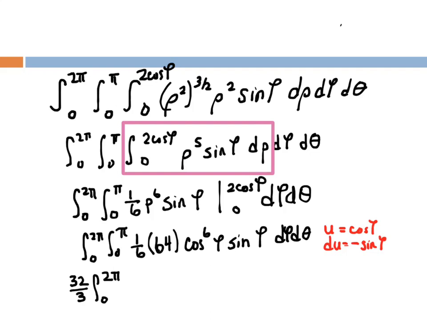Well, I'll write it in just for the sake of having seen it once. It's not going to have those limits of integration because I'm replacing u. So this is u to the 6th now because I'm replacing the cosine. And the derivative of cosine, of course, is the sine of phi. So that piece also goes away, and then it would be du. And I've actually got the d theta still on the outside. So this is what we're going to integrate.